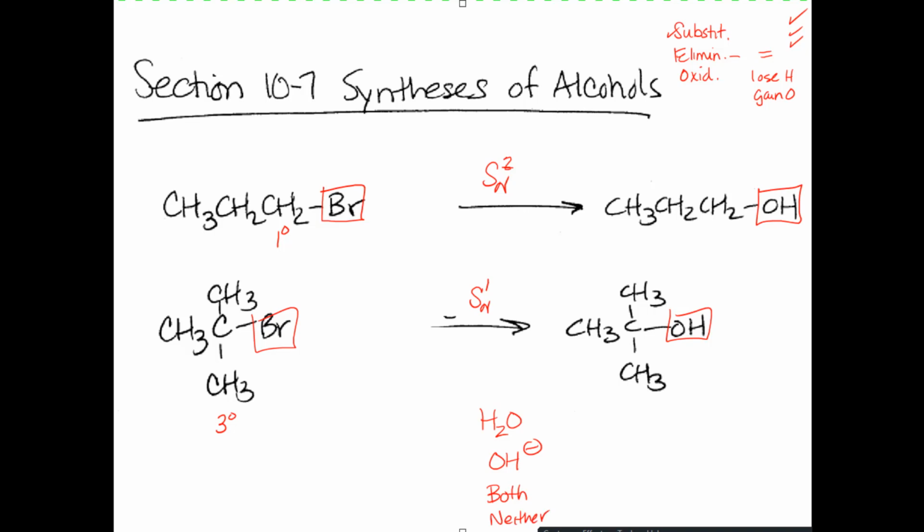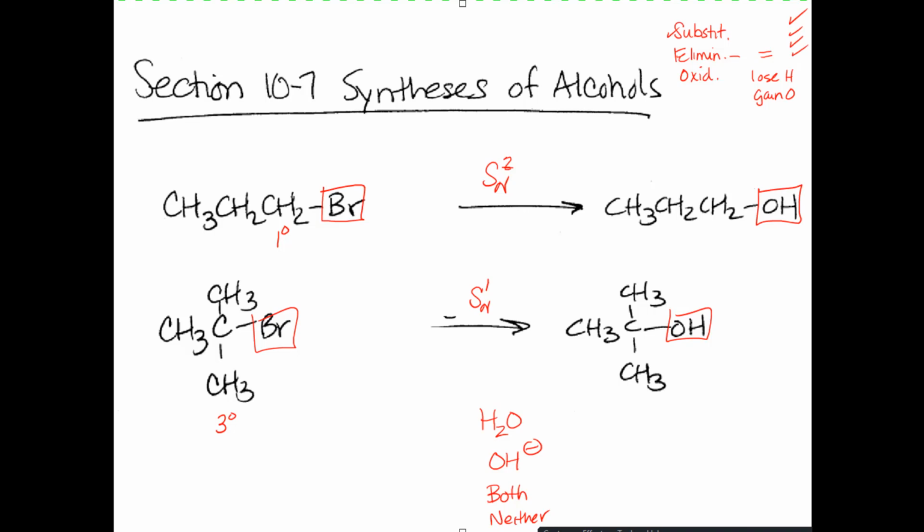So for the first reaction, what would you suggest? Should we use H2O, hydroxide? Both of them would work, or neither of them would work. Which reagent do you think would be the best, or which answer would be the best?